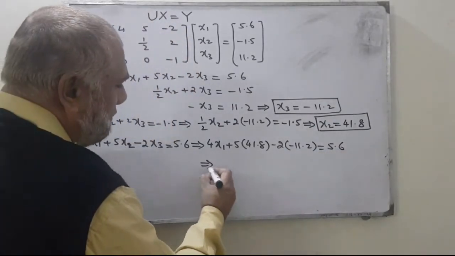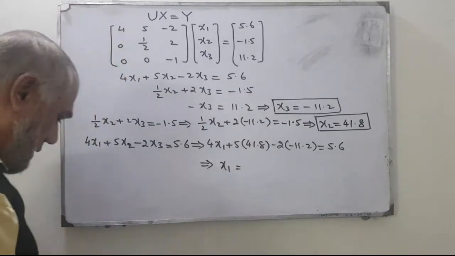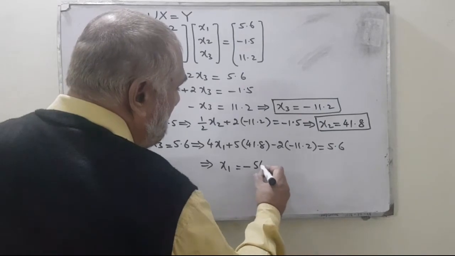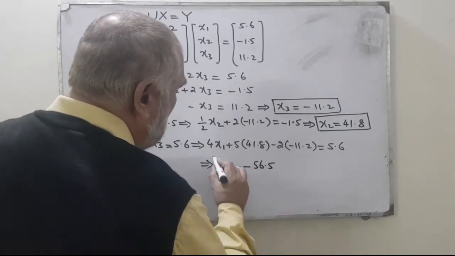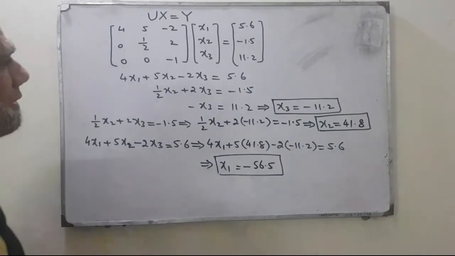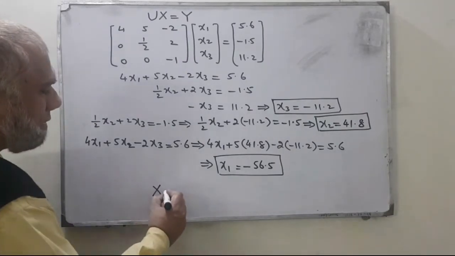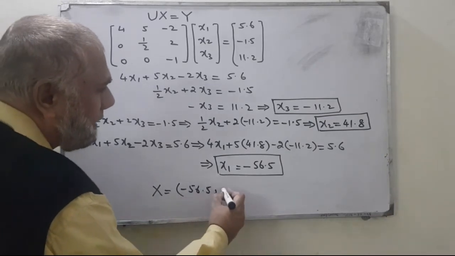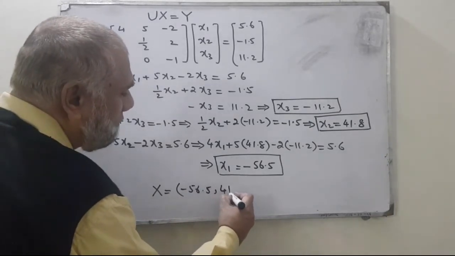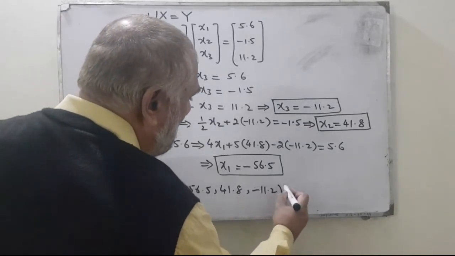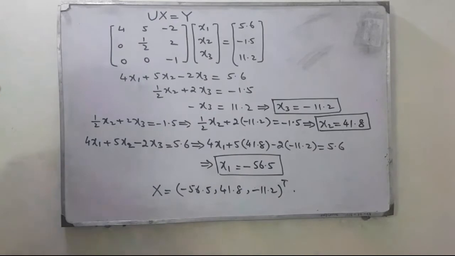On simplifying, we'll get x1, and this is going to be equal to minus 56.5. So ultimately, we got the solution for the given system of equations. So x will now be x1, which is 56.5, x2 is 41.8, and the last one is 11.2. So this is going to be your ultimate solution.